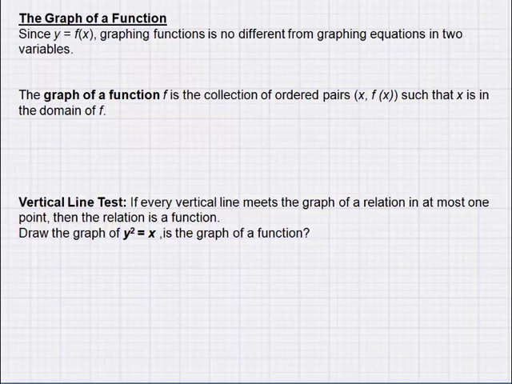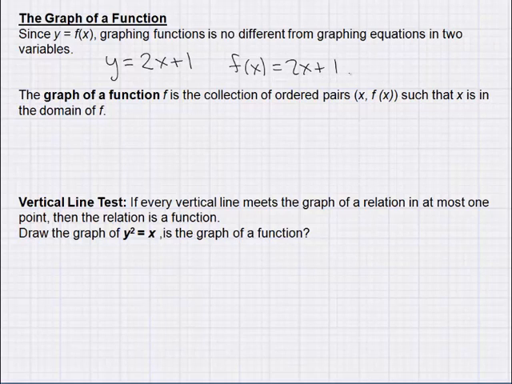So if we replace y with f of x, what you really see is that an equation like y equals 2x plus 1, which is a linear equation, becomes f of x equals 2x plus 1. So if you know how to graph y equals 2x plus 1, you really know how to graph f of x equals 2x plus 1.